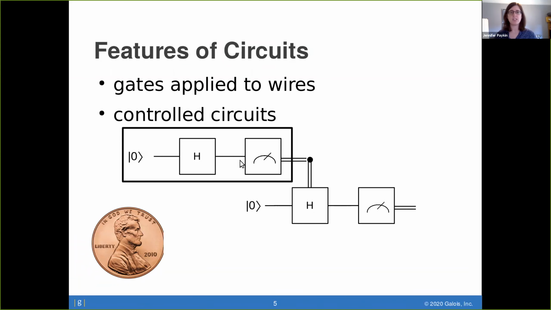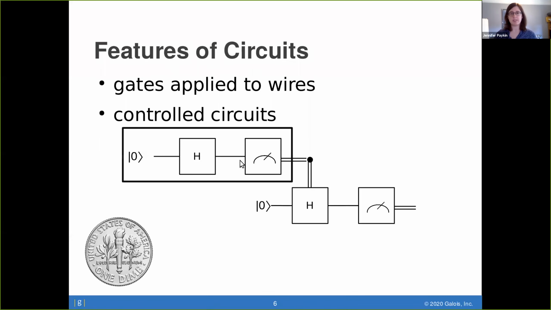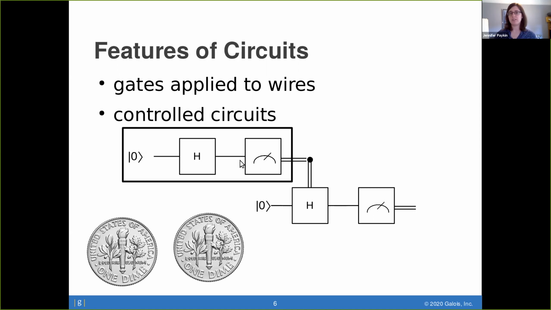If the result is heads, then we'll apply the controlled Hadamard, which means that we flip another coin, essentially. On the other hand, if the result of the first measurement is tails, then we won't apply the Hadamard gate, which means that the second result is going to stay 0. So it will still be tails.